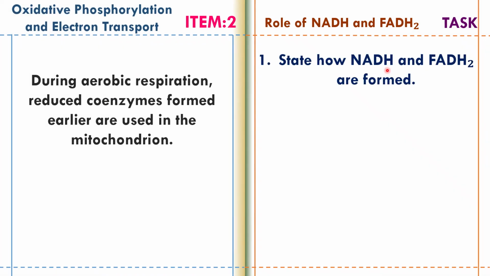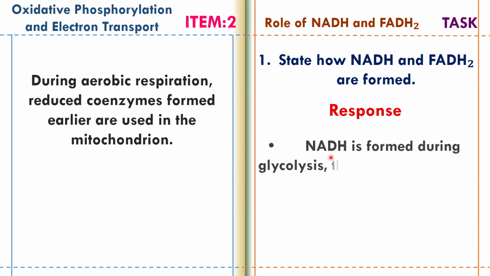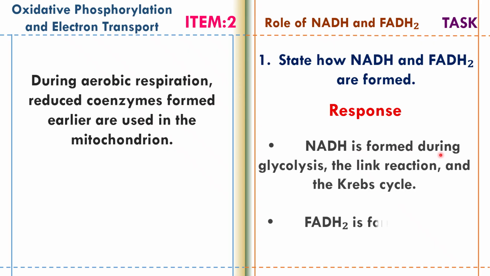State how NADH and FADH2 are formed. NADH is formed during glycolysis, the link reaction, and the Krebs cycle. FADH2 is formed during the Krebs cycle.